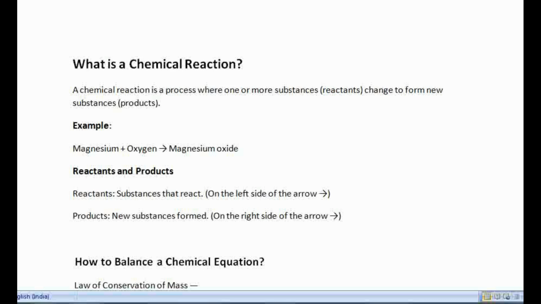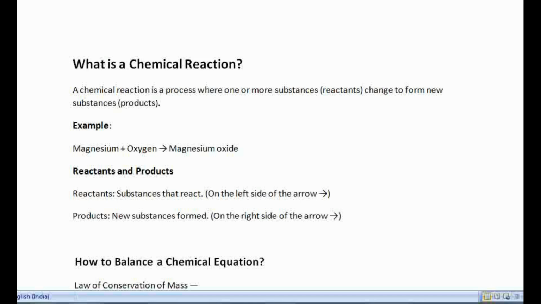So what is the chemical equation for the above example? That is 2Mg plus O2 gives 2MgO. Mg is magnesium, O2, O means oxygen, and magnesium oxide is 2MgO.